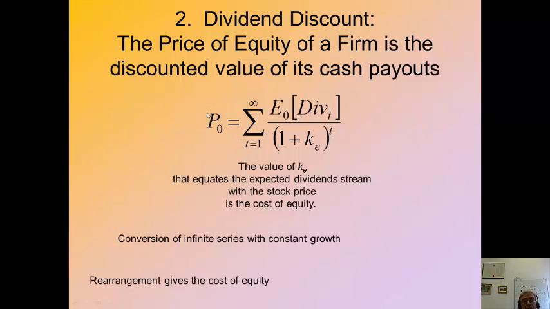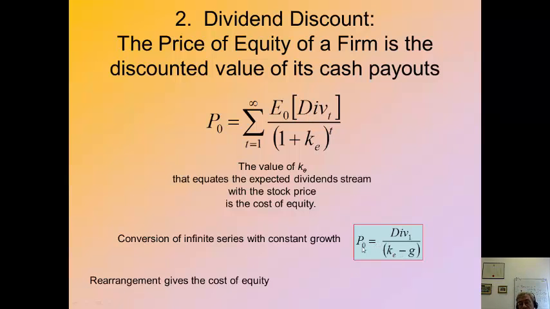So the value of equity is simply equal to an infinite sum of expected future dividends, where we discount those dividend cash flows by the cost of equity. Now clearly, if we already have the price, because we observe the price in the market, it's the share price, and if we already have an expected dividend flow, then we can calculate the cost of equity.